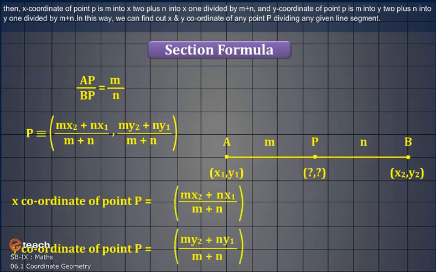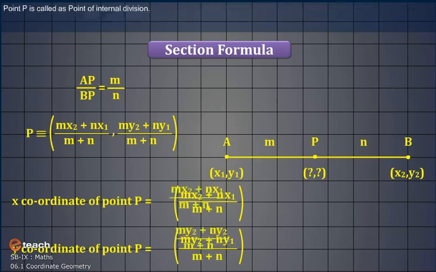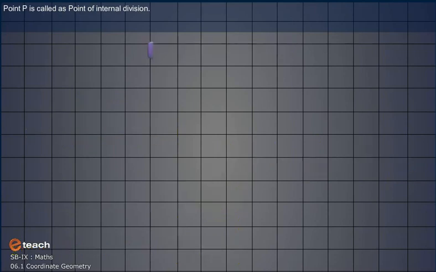In this manner, we can find out x and y coordinate of any point P dividing any given line segment. Point P is called the point of internal division.